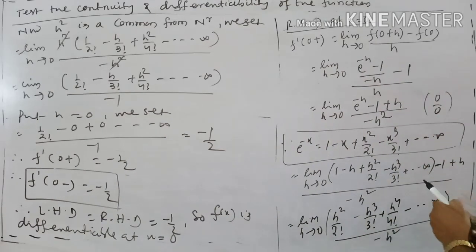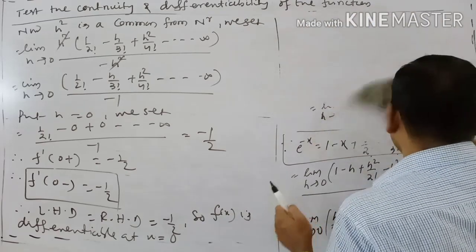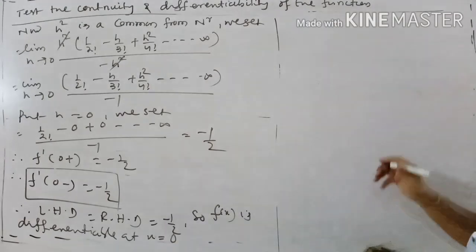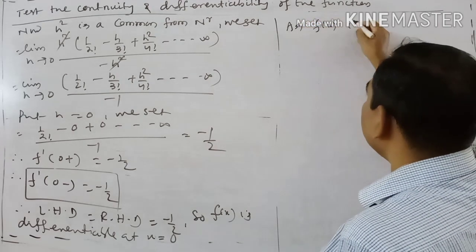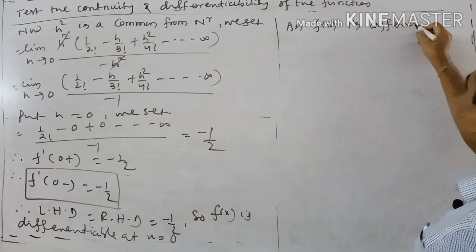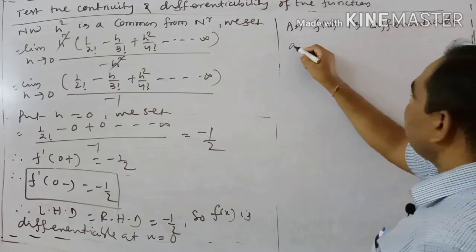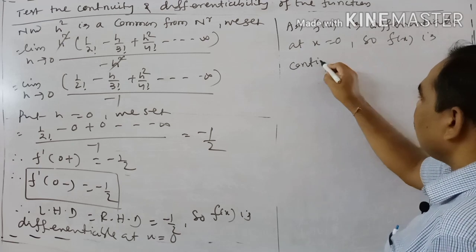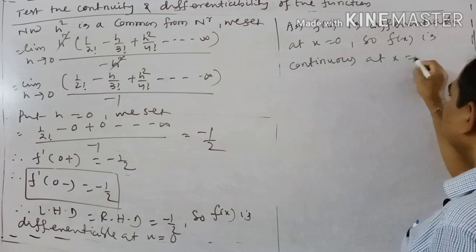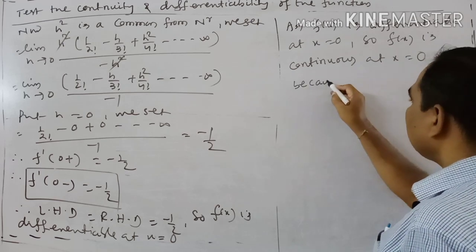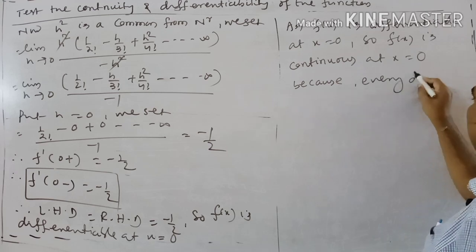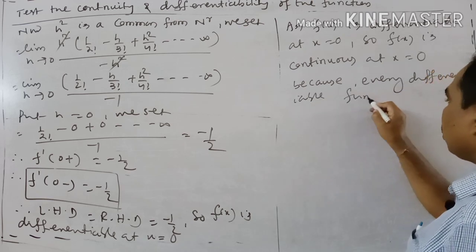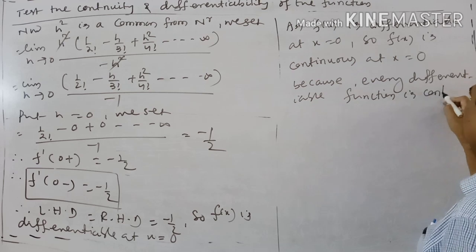As f of x is differentiable at x is equal to 0, so f of x is continuous at x is equal to 0, because every differentiable function is continuous.